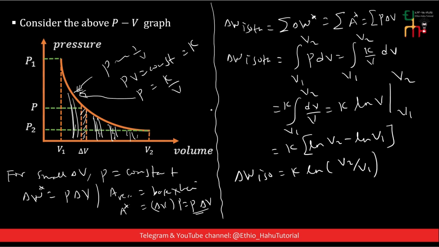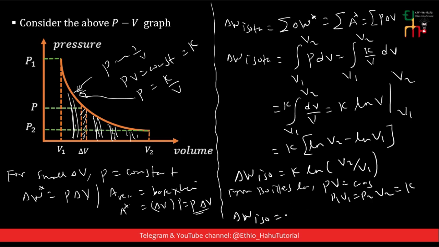But what is K? From Boyle's law, PV is equal to constant, meaning P1 V1 is equal to P2 V2, and this is equal to K. Therefore, work done in an isothermal process is, in place of K, P1 V1 ln of V2 over V1, or simply nRT ln of V2 over V1, because from ideal gas law, PV is equal to nRT.